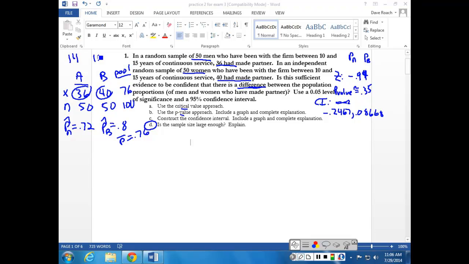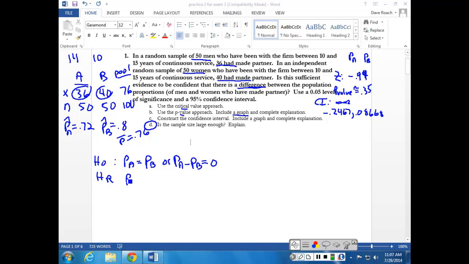The critical value approach. First of all, our H0 and HA. H0 is that PA is equal to PB, or you can write that PA minus PB is equal to 0. That's really convenient if you do graph the sampling distribution, because the center of the sampling distribution will be 0.